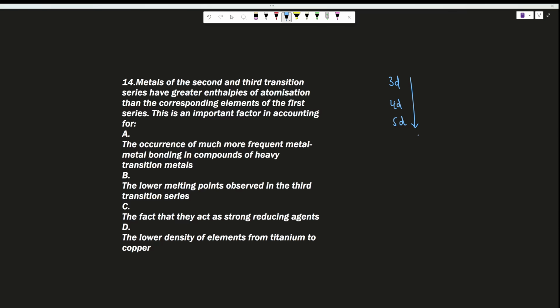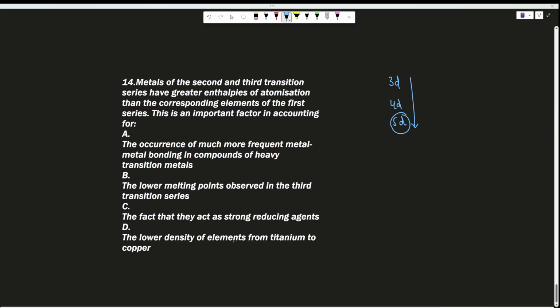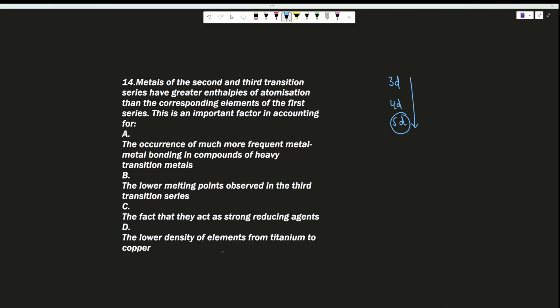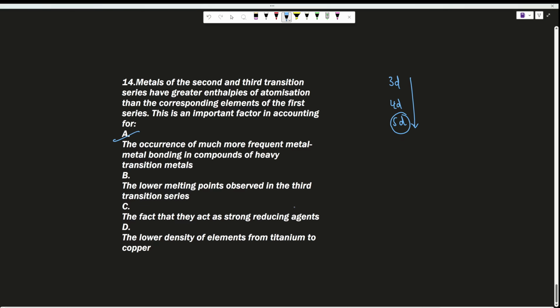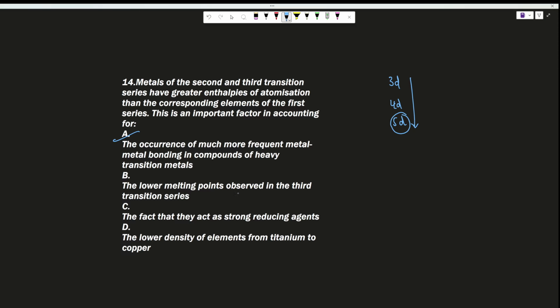Also, you come across lanthanide contraction and the size is not as large as expected. Due to smaller sizes, metallic bonding is again more. So the occurrence of much more frequent metal-metal bonding is the reason. So that's the right answer here. It's not lower melting points, reducing agents, or lower density. It's not related to that.